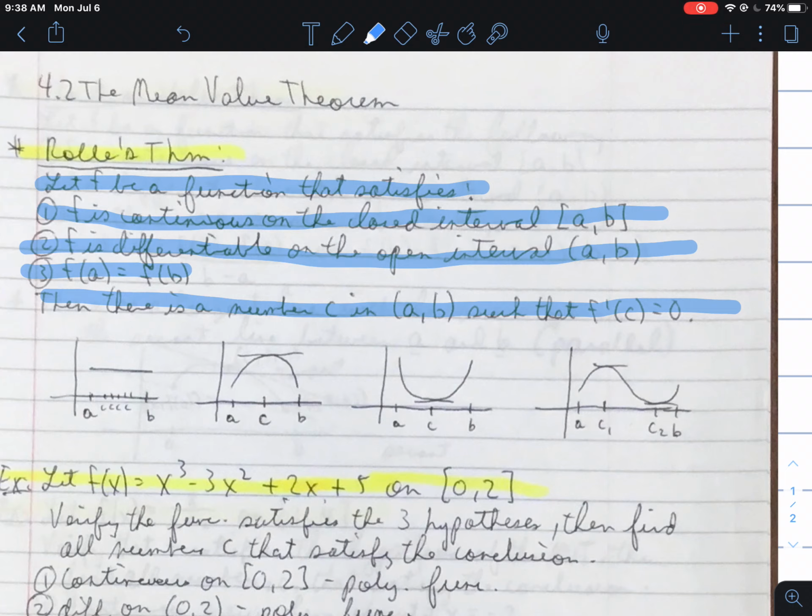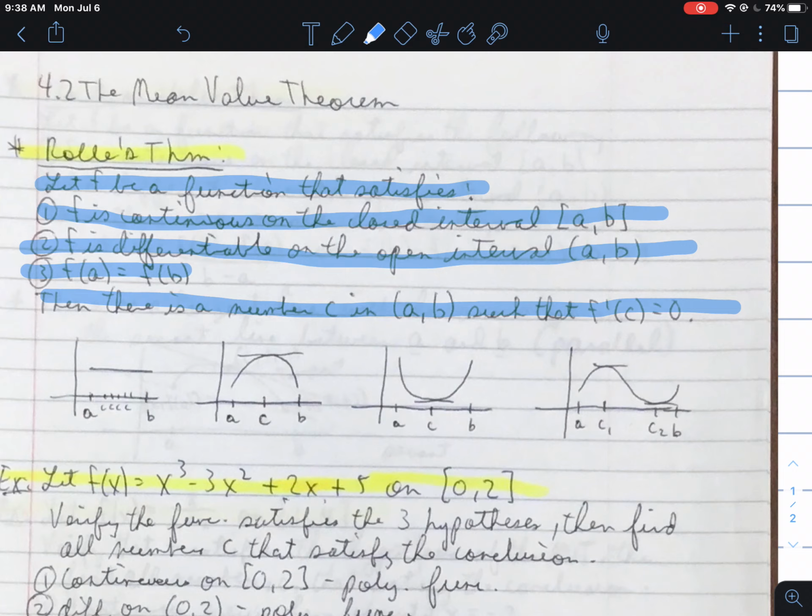Now again, what is this saying? These requirements are specific. I must guarantee or verify that each of these requirements is met in order to use Rolle's theorem, or we say in order to verify the conclusion of Rolle's theorem. Now, you don't have to do anything fancy to prove them, at least the first two. We've talked about continuity over an interval. We've talked about differentiability over an interval.